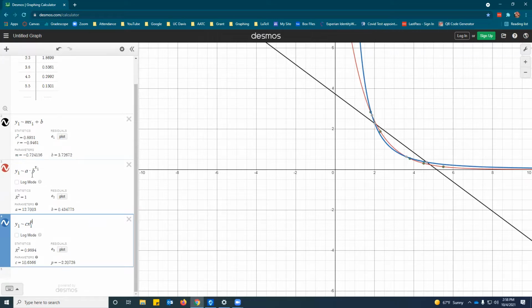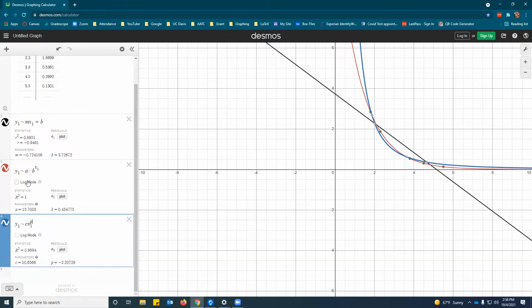So this one is clearly exponential, which means it's semi-log. So we know this data is semi-log linear, aka the original function, or the original relationship, if you want to say it that way, is exponential.